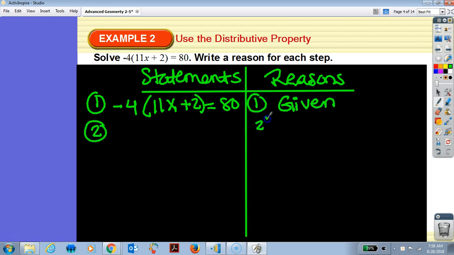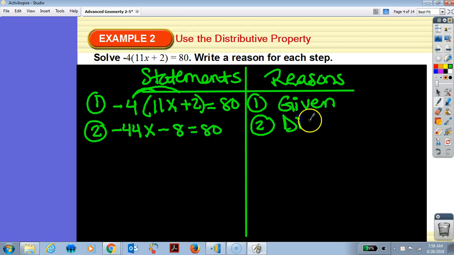If I was going to solve this, what's the next thing I would do? Distribute. So I'd have -44x minus 8 equals 80. And you said that was the distributive property. Is it a property of equality?